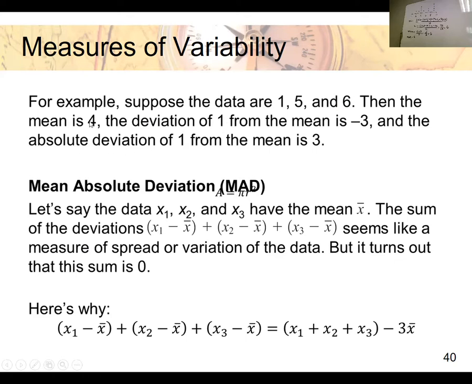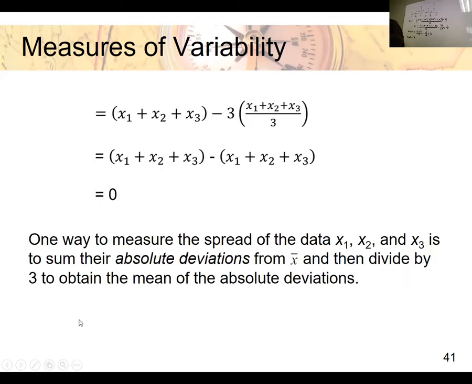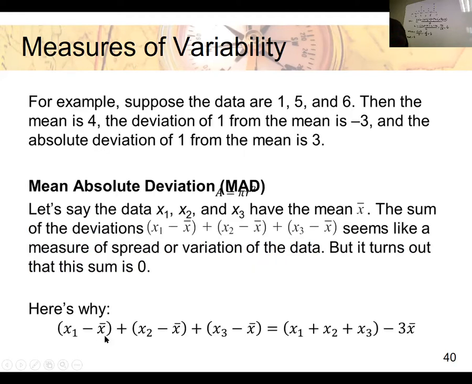So it'd be 1 minus 4, which would give you this -3. And then for the absolute deviation, you just take the absolute value of -3, which is 3. Okay. Questions on that? Okay.